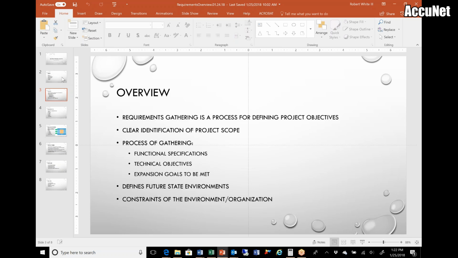Last bullet here is around constraints of the environment of the organization. So what constraints, what rails do I have on my left or right or in front of me that we have to stay within? Could be a budget, it could be a geography, could be a technology. The technology in general right now with organizations, you want to stay outside of the Apple area because it doesn't play well in the general organizations across multiple platforms.